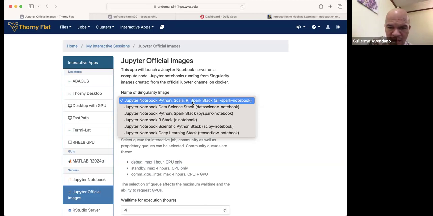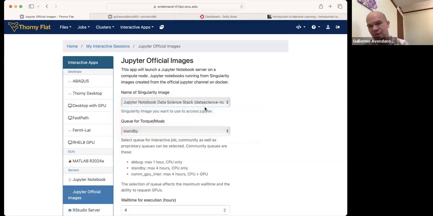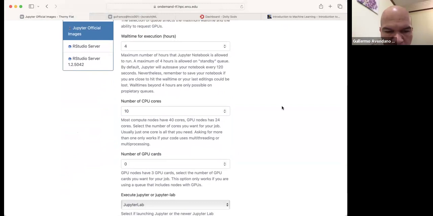And I will use, for example, this one for data science. For sure, it will have the modules and the Python packages that I will be showing today for the concepts in machine learning. And let's say I will select standby, 4 hours, 8 CPU cores, maybe a little bit more. Let's try 10 CPU cores. Most of the things that we will be doing are just single core.